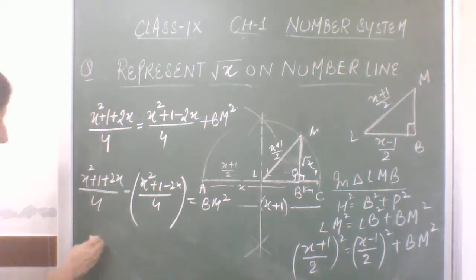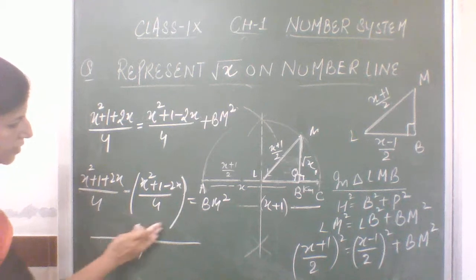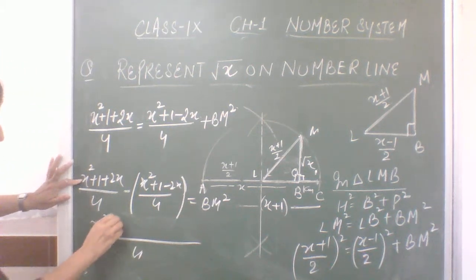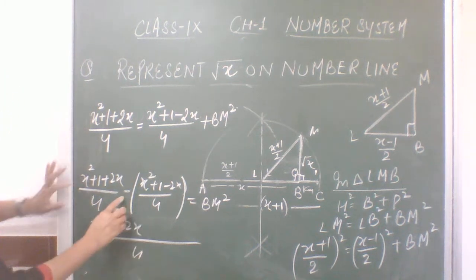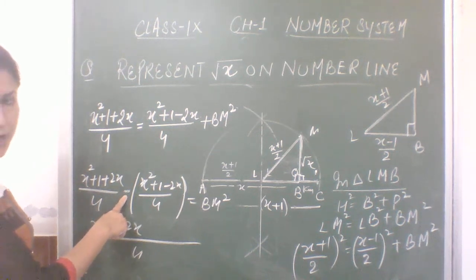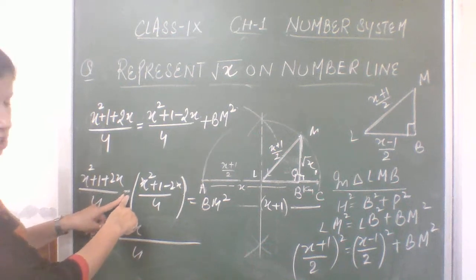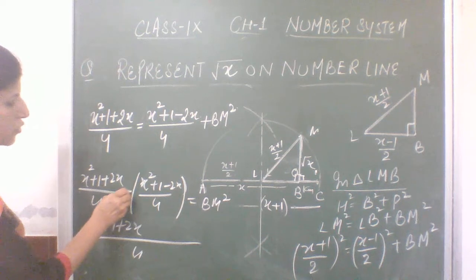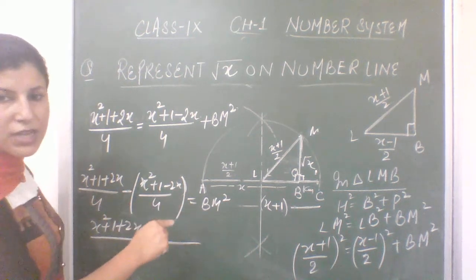Now take common LCM 4 and try to open these brackets. This will be as it is x square plus 1 plus 2x. As we are having negative sign in front of the bracket, it will change the signs of all the internal terms. Means we have to distribute this negative sign among all the terms inside the bracket.